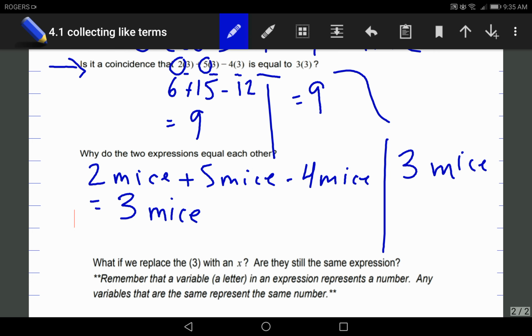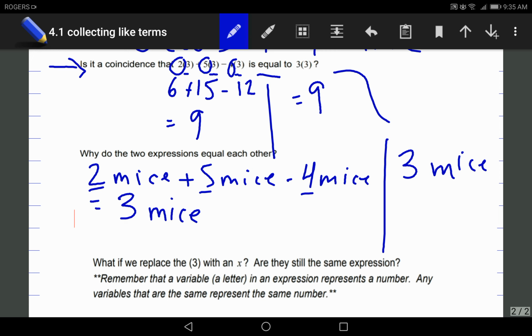The 5 is a coefficient, in front of the 3. And the 4 is also a coefficient, in front of the 3. Because they were all being multiplied by 3, I was able to add and subtract their coefficients to simplify it down. So I was able to do 2 plus 5 minus 4 to get 3.